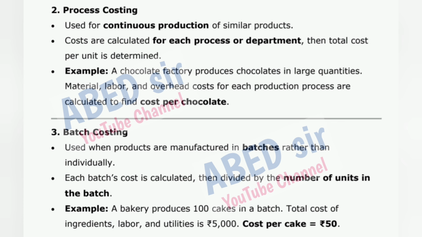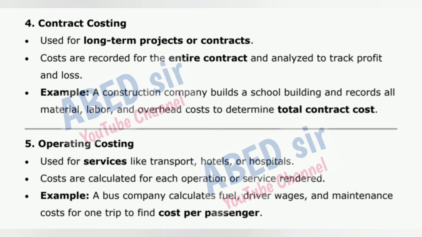Cost per cake is equal to 50 rupees. 4. Contract costing. Used for long-term projects or contracts. Costs are recorded for the entire contract and analyzed to track profit and loss. Example, a construction company builds a school building and records all material, labor, and overhead costs to determine total contract cost.